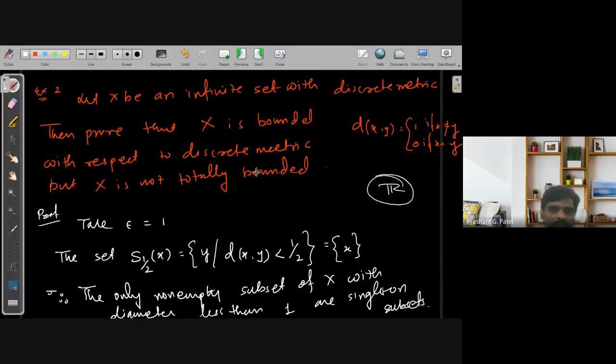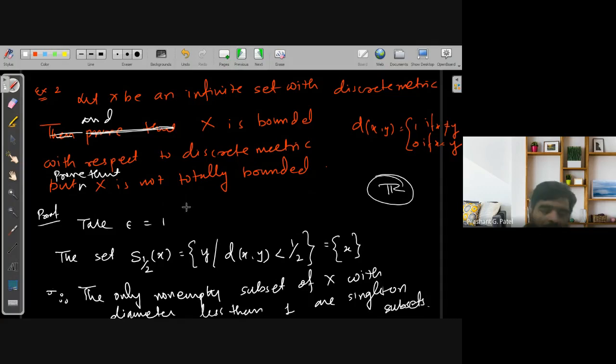So I should not write that statement here. I can say, prove that X is not totally bounded with respect to the discrete metric. Let's change the statement like this.